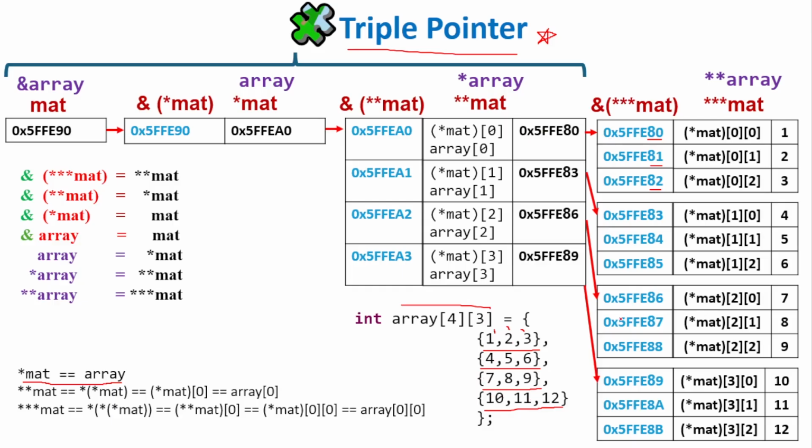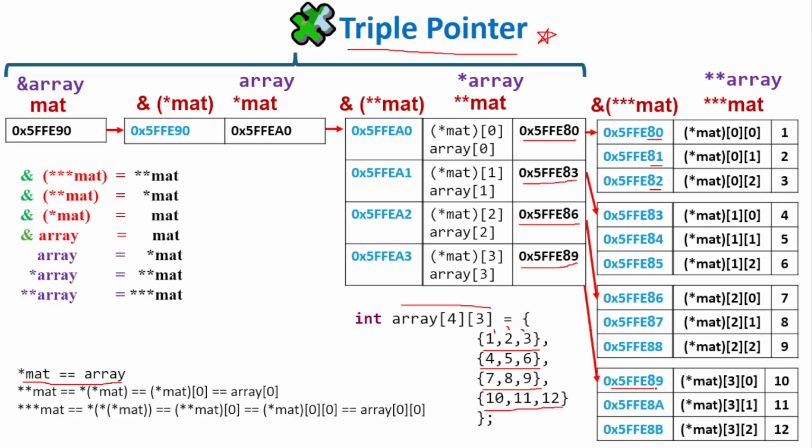The outer array is the one-dimensional array with 4 elements. Since each element is an array, we can say that the outer array contains the base address of the inner arrays. Let's be more precise now.